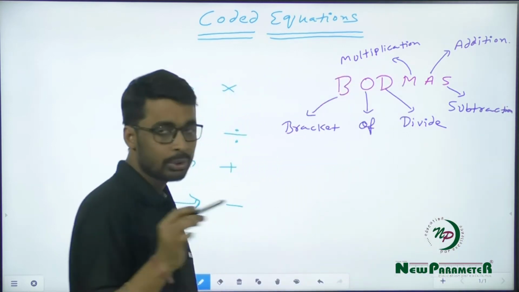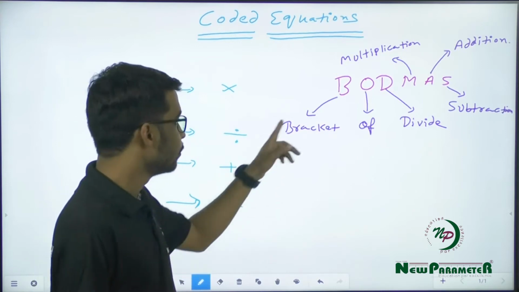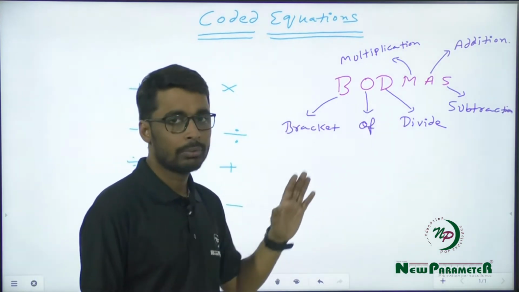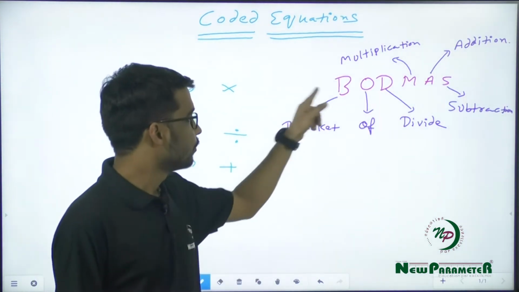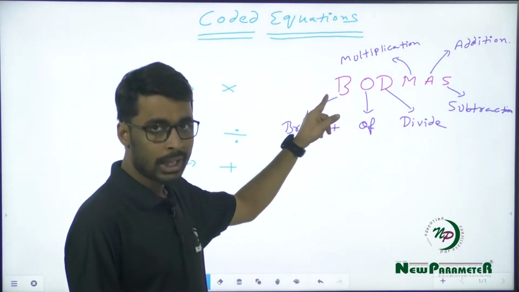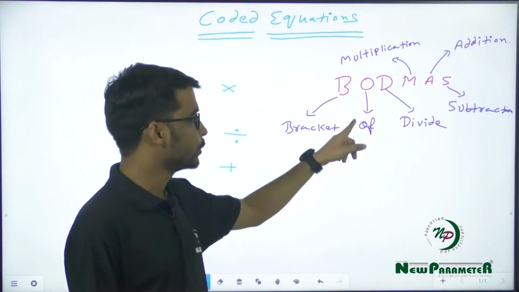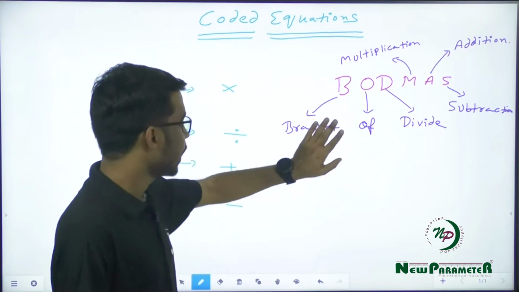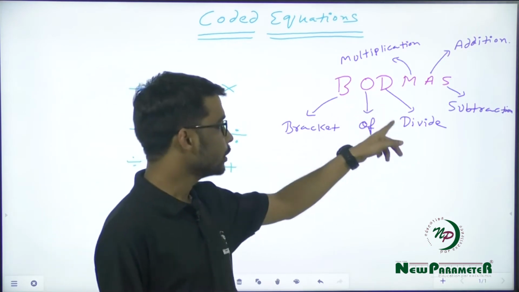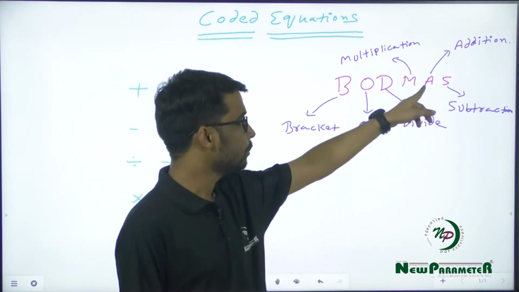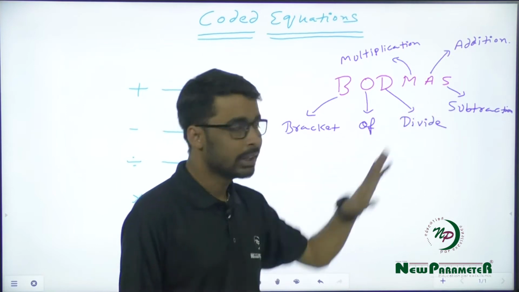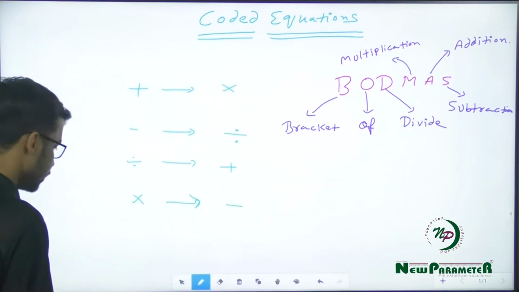Make sure you follow this rule from left to right. First you solve any bracket present in your equation, then the of word if it is present, then divide, then multiply, then add, and then subtract. Subtract is the last one.